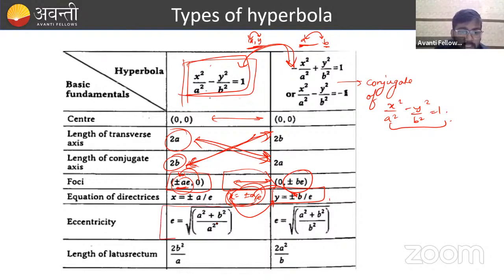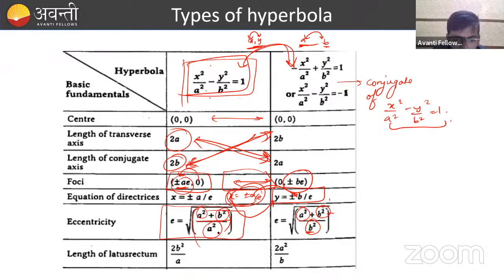Here eccentricity is given by this formula, under root of a square plus b square upon a square. And here you can see that this a square is changed to b square, and this b square is changed to a square. So the numerator remains the same since a square and b square both are there, and the denominator changes.